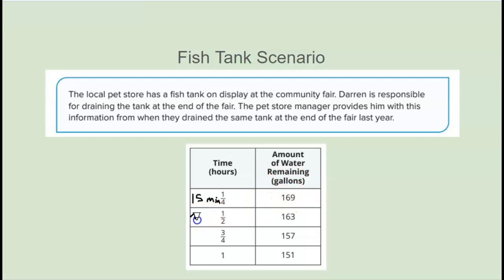After 30 minutes, half an hour, there's 163 gallons in the tank. After 45 minutes, which is 3/4 of an hour, there's 157 gallons left in the tank. And after 1 hour, so 60 minutes, there's 151 gallons left in the tank.